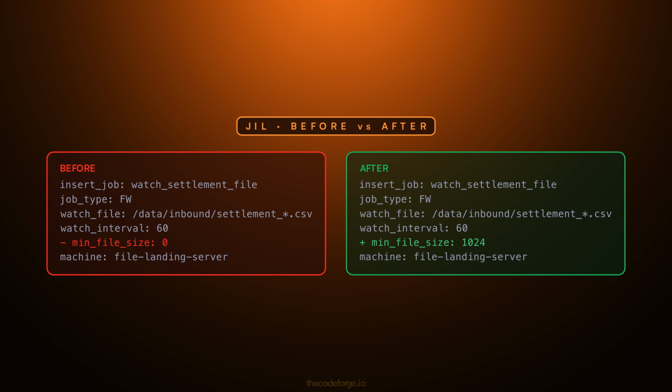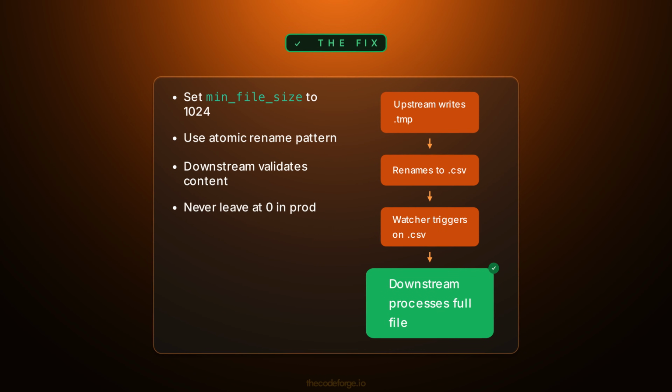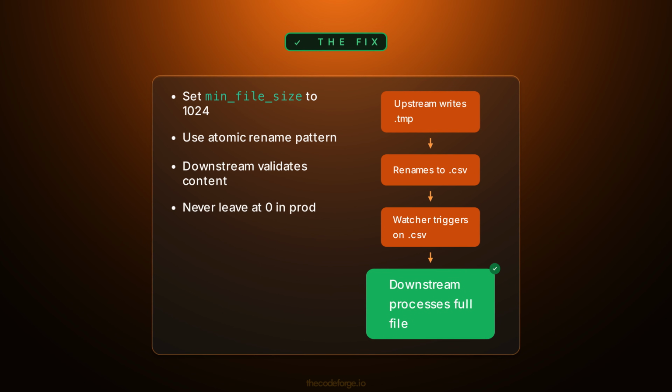This misconfiguration enabled a production incident where a 0-byte file was consumed. The fix is straightforward. Set min_file_size to at least 1024 bytes and work with upstream teams to use atomic file moves: write to a .tmp file, then rename to the final name. This ensures the file is complete before the watcher sees it.